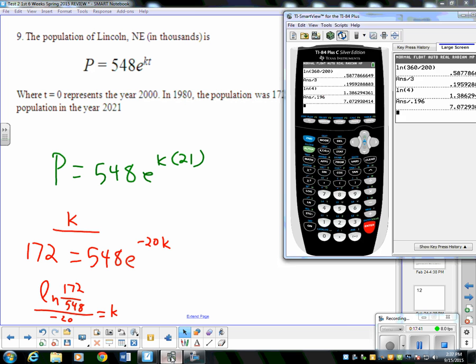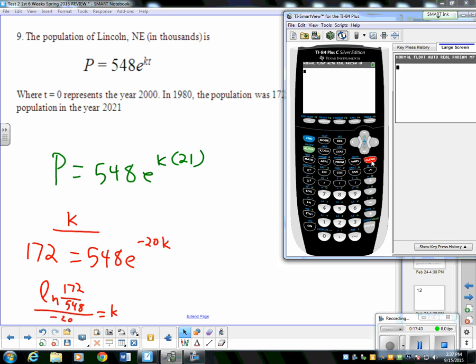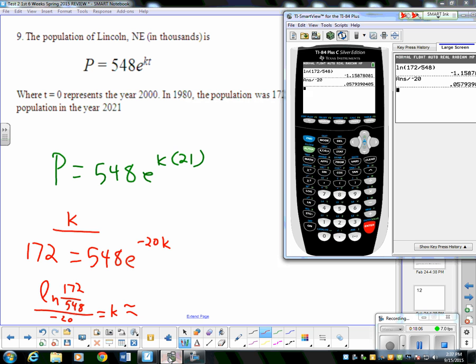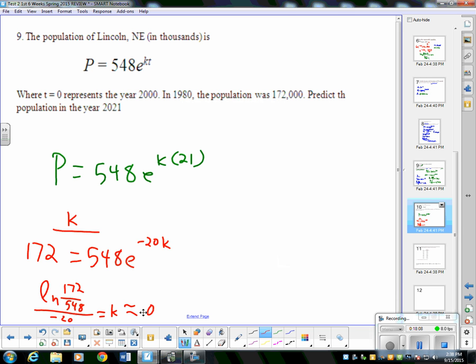So put it in the calculator. Let's go ahead and clear this a little bit. Natural log of 172 divided by 548 is that number there, and we're going to divide it by -20. And we get 0.057939, etc. Rounding, k then becomes 0.058.